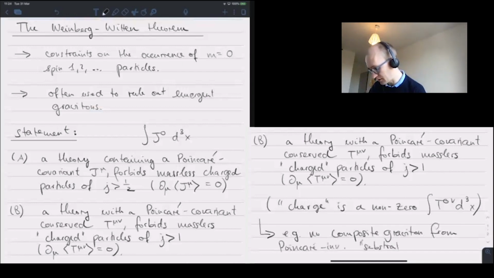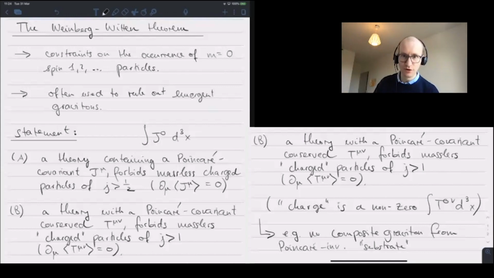Let's say we have this great idea that the graviton is actually a composite thing, but of course we know what the graviton is. It doesn't matter if it's composite or not. It's going to be a massless spin 2 particle. So you cannot have a non-zero momentum current carrying spin 2 massless object if you start with a theory that is itself Poincaré covariant and has a conserved energy momentum tensor. That just won't work. It's ruled out by the arguments that we will give now. But again, we'll come to a slightly more detailed discussion of this in due course.